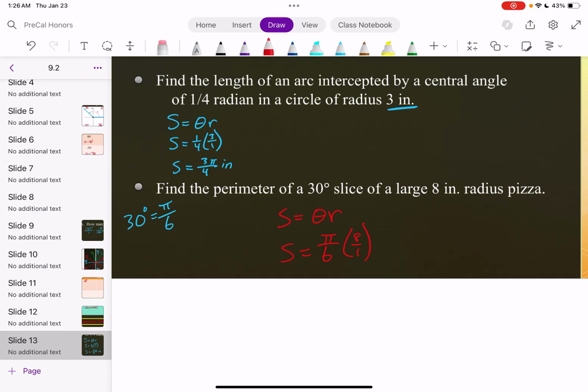Now, once we start multiplying everything against each other, notice this would give us S is equal to 8 pi over 6, which simplifies to 4 pi over 3. Now keep in mind, inches will still be there because we are talking about an 8-inch radius pizza.